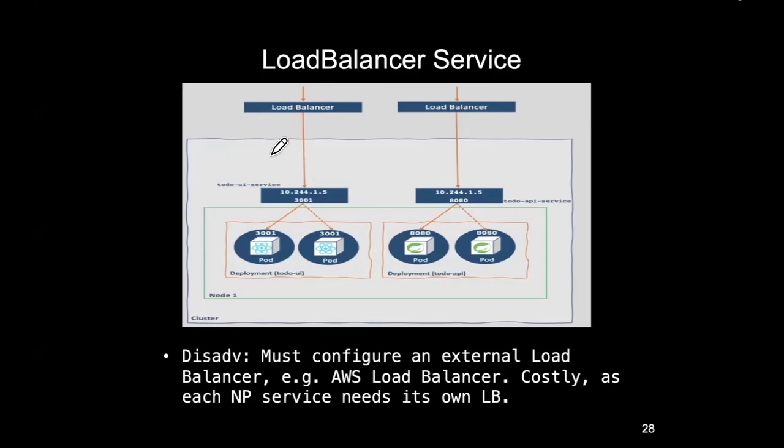When Kubernetes receives the request, it will know to send it to the particular internal service. And once it gets there, the service takes care of sending the request to one of the pods using the load balancing approach. So there's load balancing going on here.